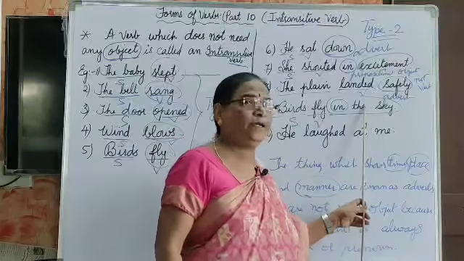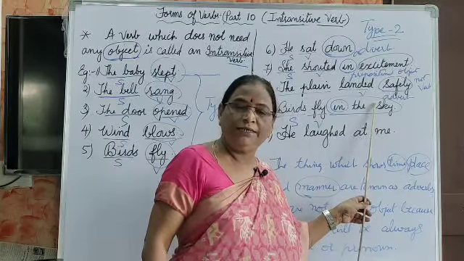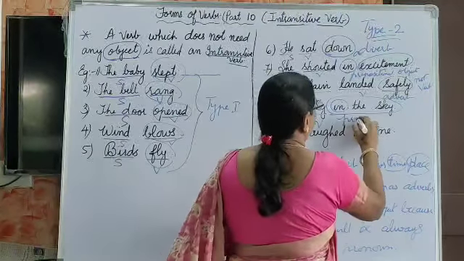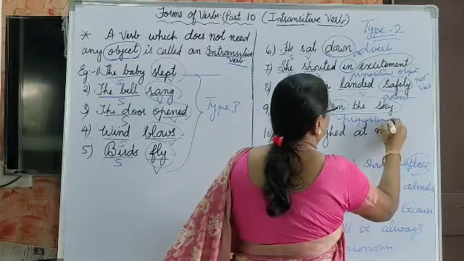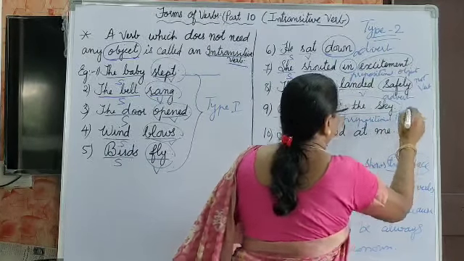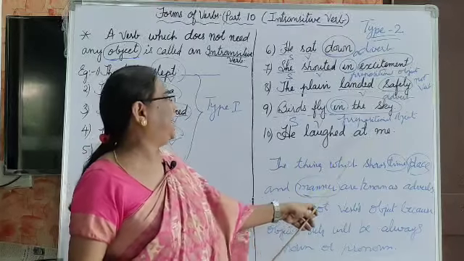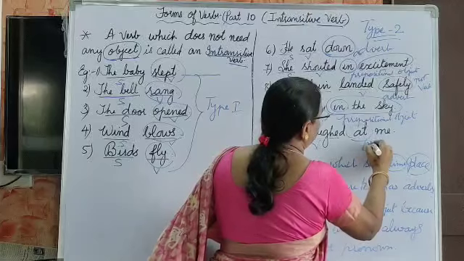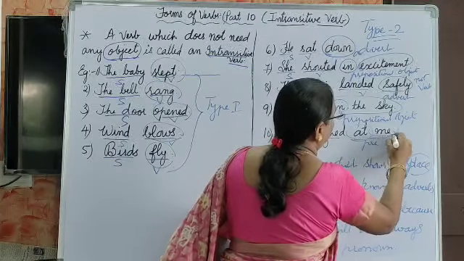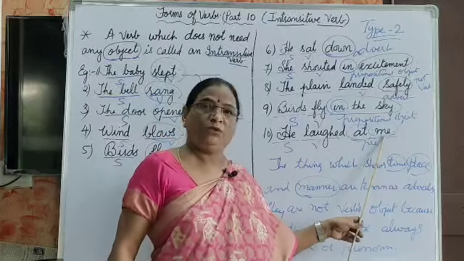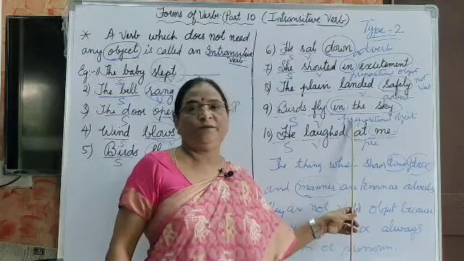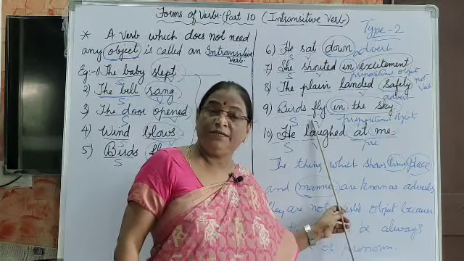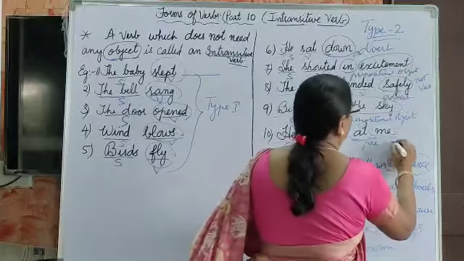The sky may be a noun, but before the sky we have a preposition. So this is prepositional object. Next is he laughed at me. See, he is subject, laughed is verb, at is preposition. So at me, this is pronoun. Though it is pronoun, it is after the preposition. So this is prepositional object, not the object soon after the verb in the sentence.